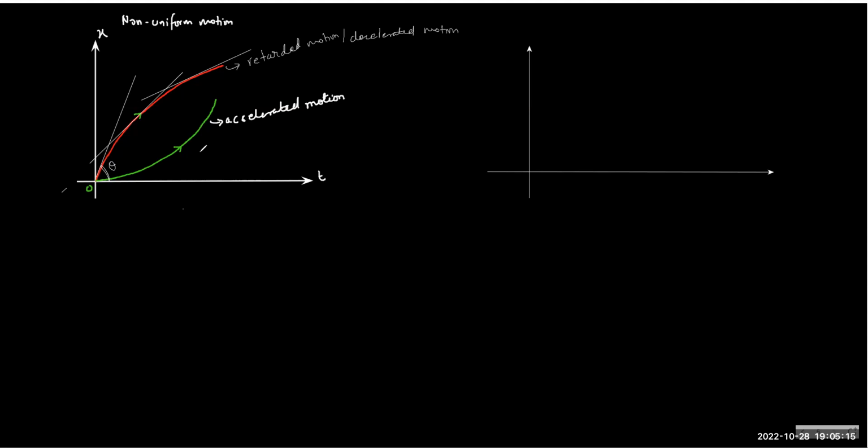Yes, sir. Because it is always inclined to the axis at an acute angle. So no matter which tangent you draw, the angle made with the t-axis here is acute and therefore it is a positive slope. Okay. So what is the sign of velocity?